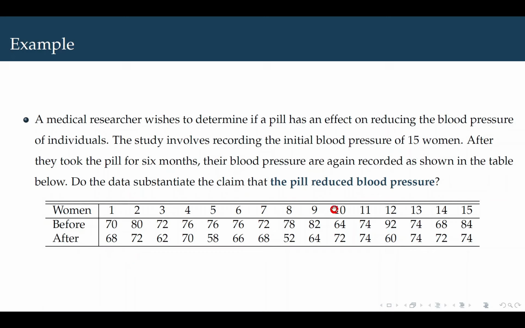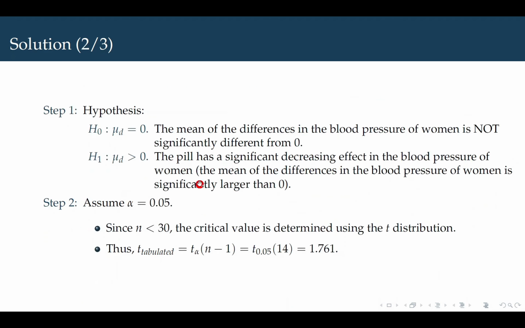Therefore, in order for the pill to reduce the blood pressure, the second measurements or the after measurements should be smaller. Then the difference before minus after will be greater than 0. Therefore, here the alternative hypothesis is mu d is greater than 0.